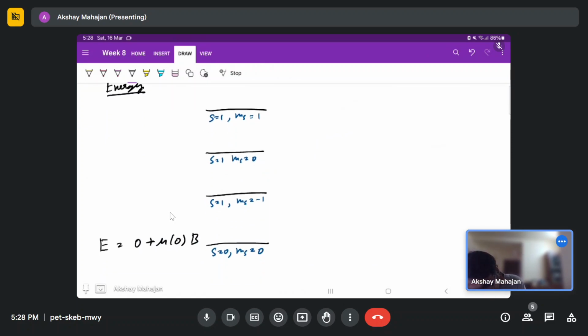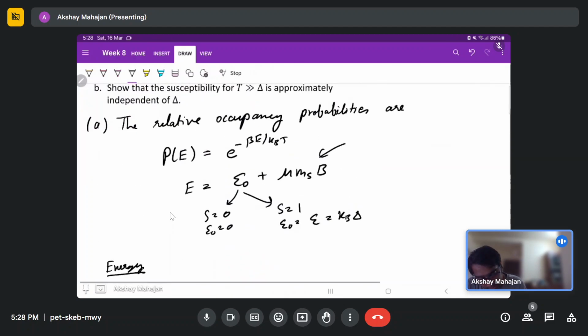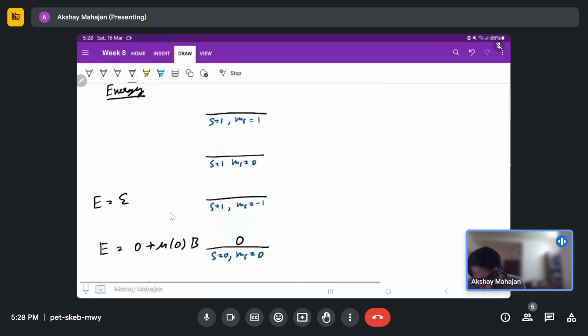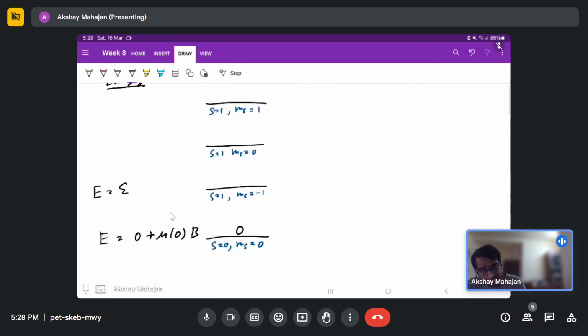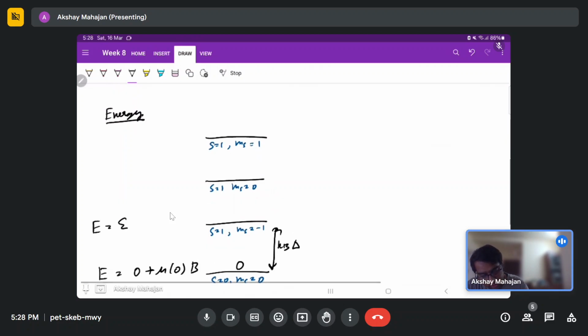And then the energy here will be just equal to 0, so our ground state energy we can take as 0. Then this energy will be some epsilon, because it is stated that the difference is kB delta between the singlet and the triplet state. So before the application of field there is some kB delta difference, and all the other level differences come because of the magnetic field.